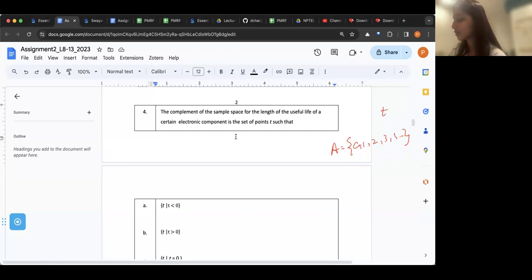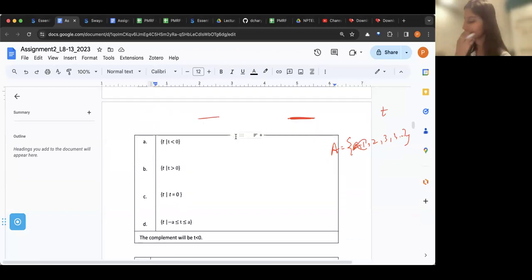It can't be 0. If you want to have a useful life, it has to be at least like one. It could be 1 day or 1 month or 1 year. So this is A. Let's look at this.